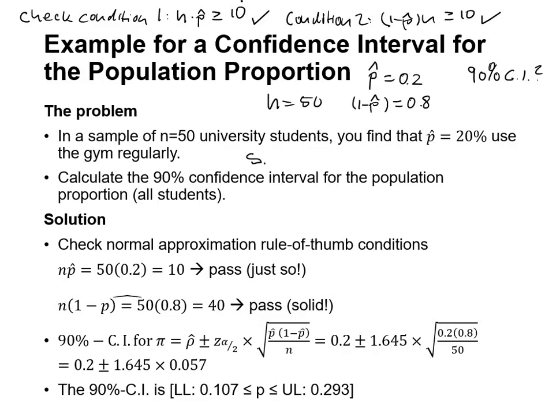The standard error is equal to the square root of the probability of success, which is 0.2, times the probability of failure, which is 0.8, over 50. Let's calculate that quickly in Excel.